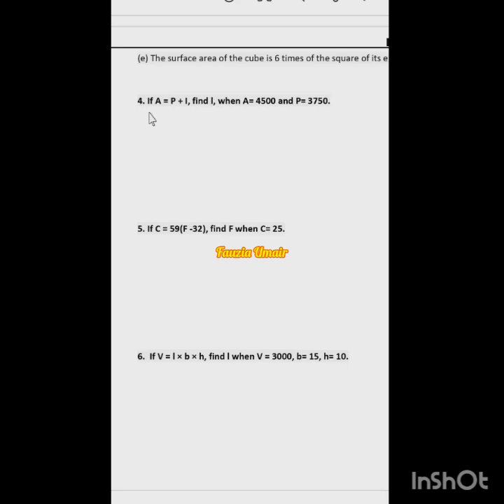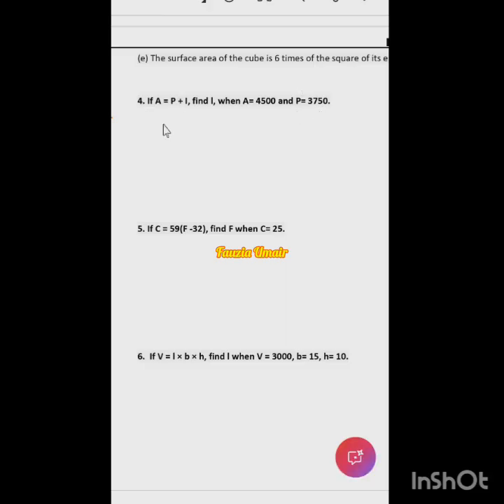So the question is, if A is equal to P plus I, right? So this is an equation. How many variables are there? Three variables, right? Find I when A is equal to 4500 and P is equal to 3750.